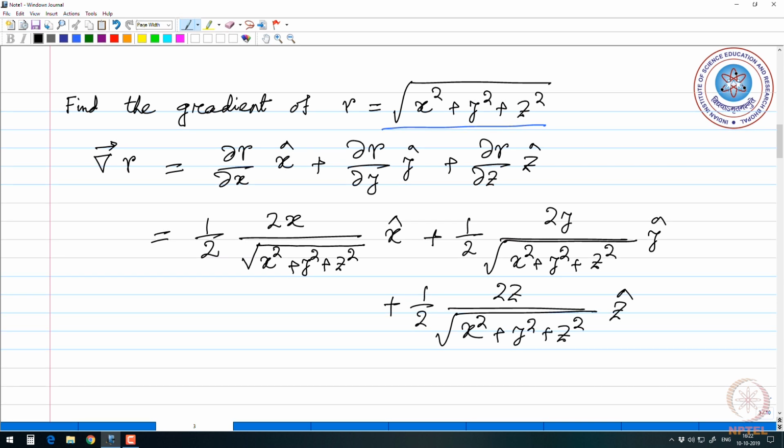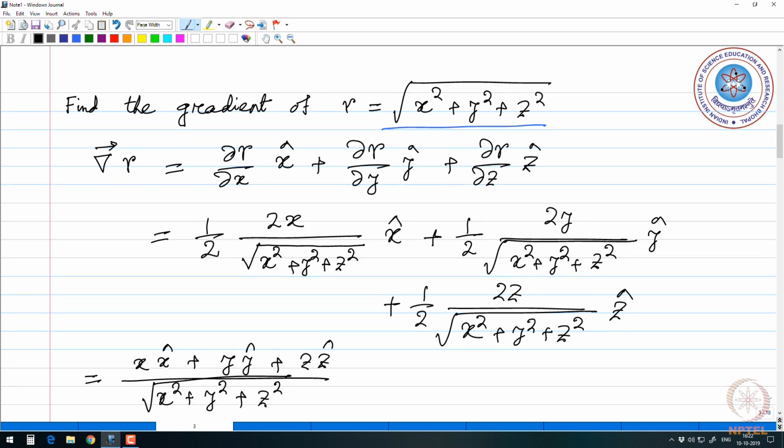The half and 2 will cancel, and we will be left with x x cap plus y y cap plus z z cap over the square root of x square plus y square plus z square.